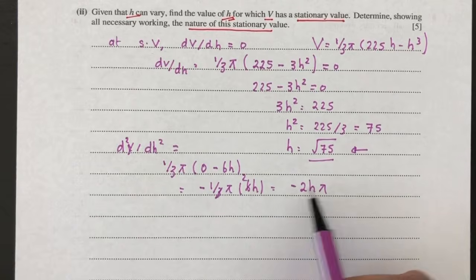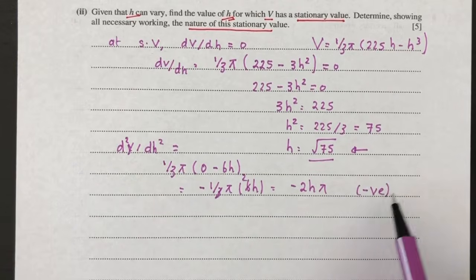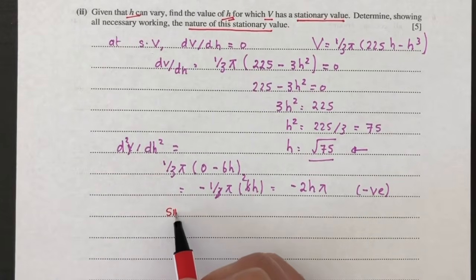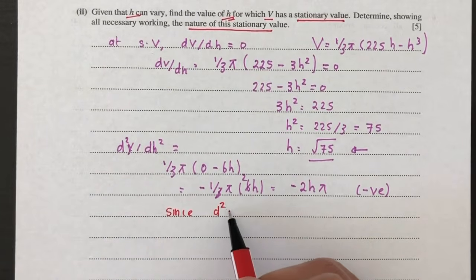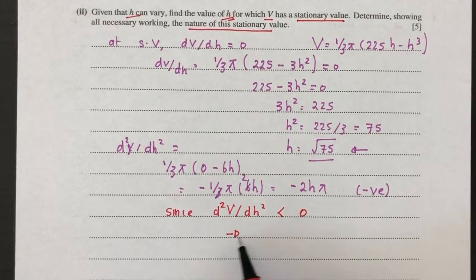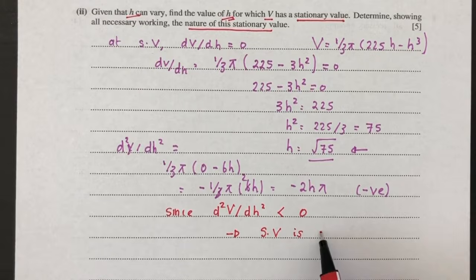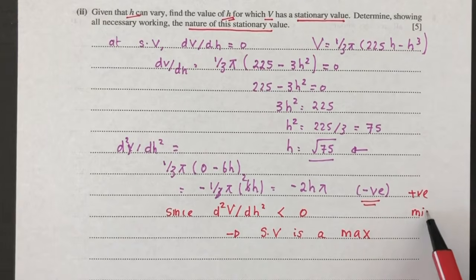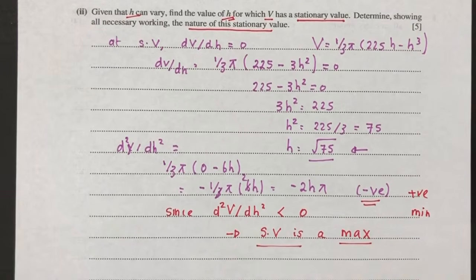Since the value here is minus, it will be negative for any value of h. So you would say since d2v by dh2 is less than 0, which is negative, in this case the stationary value will be a max value. If it was positive, it would be a minimum value. Okay, so that will be question number 5.